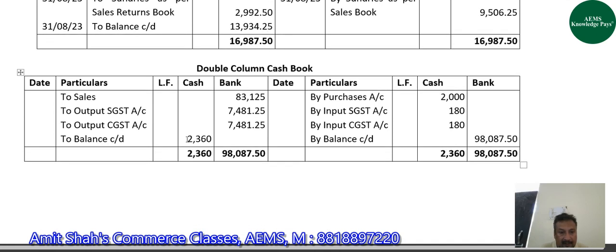Then trade balance of cash 2,360 and debit balance of bank 98,087.5.